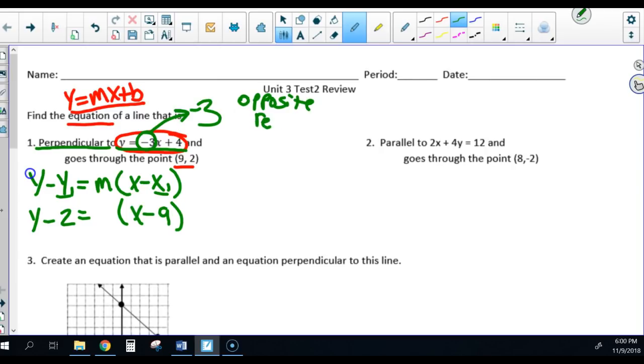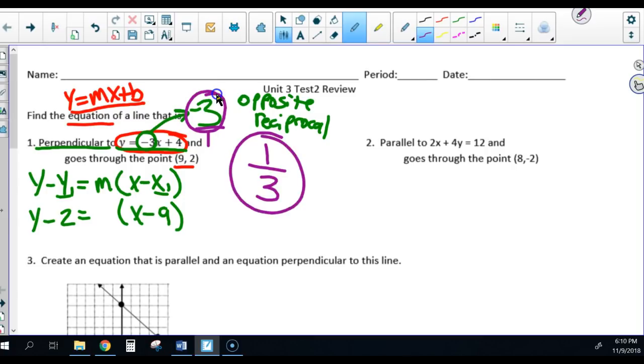So we take the slope of negative 3, pretend it's negative 3 over 1, flip it upside down to 1/3 and change negative to positive. So this is our slope, and that's going to go in that spot there: 1/3, parentheses, x minus 9.